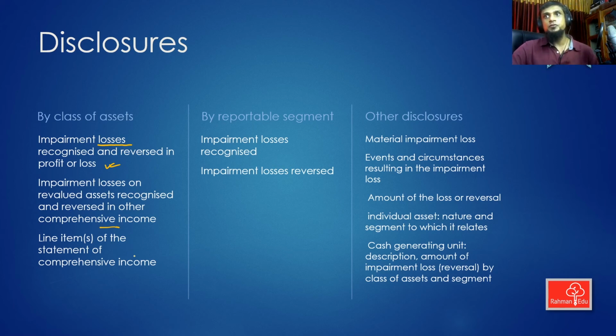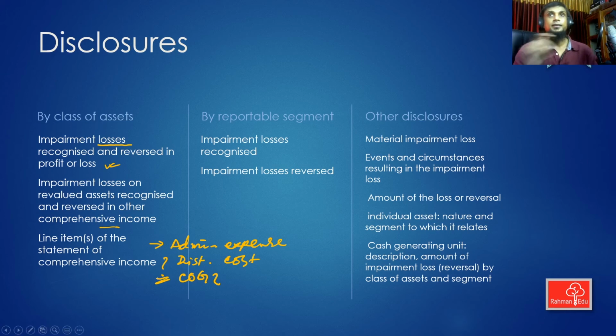Line items of the statement of comprehensive income or statement of financial performance. Did you put the loss in admin expense, distribution cost, COGS? Where did you put it, the loss?